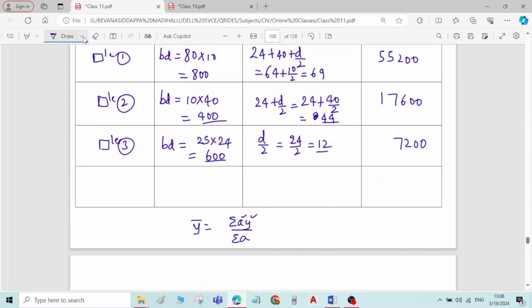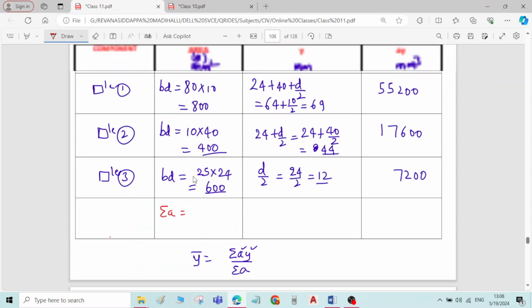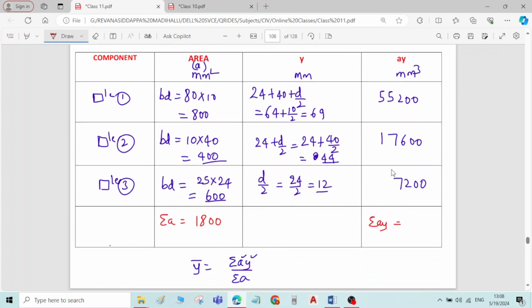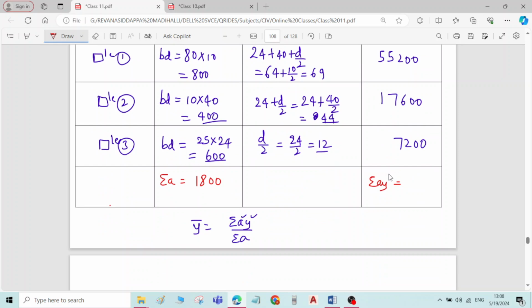Sigma a is equal to 800 plus 400 plus 600, it is 1800, and sigma ay is equal to 55,200 plus 17,600 plus 7,200, which is 80,000. So substitute in the formula, 80,000 divided by 1800. Therefore y bar is equal to 44.44 millimeter.